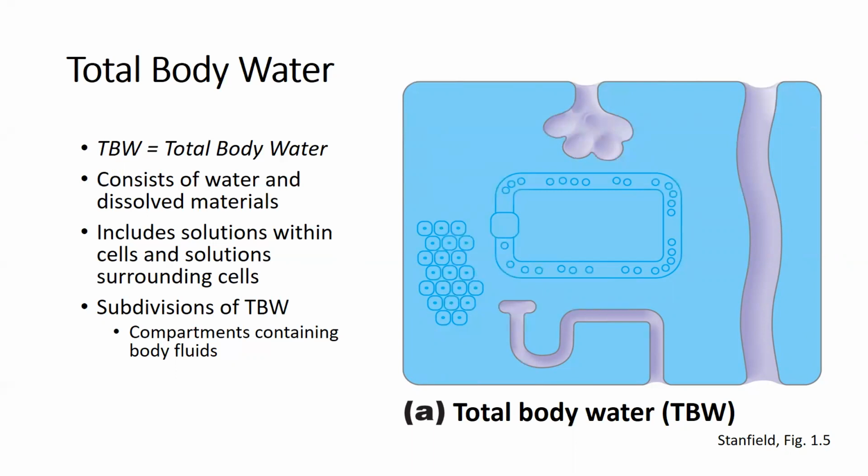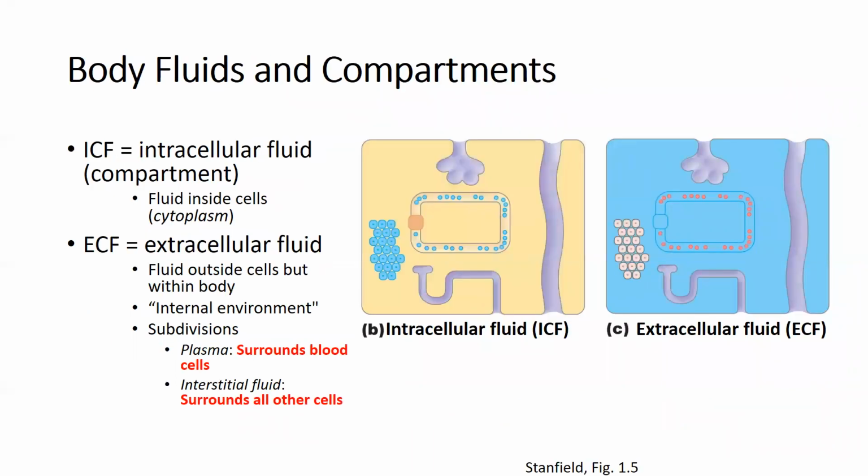And this is going to contribute to our weight. Why? How does this contribute to our weight? Because we're significantly made up of what? Water, right? Good. All right, now if you break down this total body water further, there are two general compartments here. There's the ICF, which is your intracellular fluid or your intracellular fluid compartment.